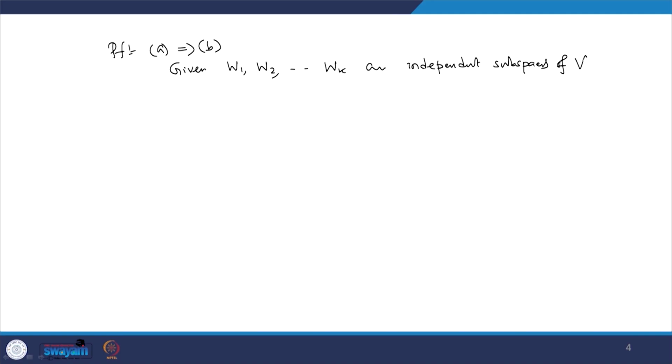We have to show that this statement is equivalent to the second one, that the intersection of Wj with the sum of subspaces W1 to Wj minus 1 is the 0 subspace. Let alpha j belong to Wj and alpha j also belong to the sum of subspaces W1 plus W2 plus Wj minus 1.